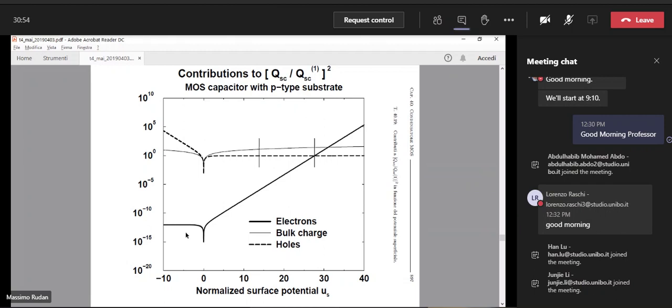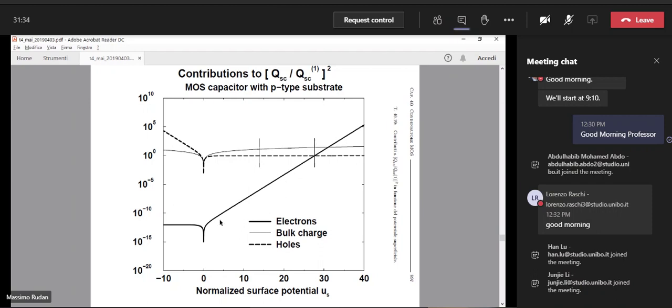So you see immediately that in the accumulation condition, which corresponds to negative values of US, the contribution of the electrons is negligible. Then when we are in the range in which US is positive, the contribution of the electrons grows exponentially because it is a straight line with a positive slope, okay?